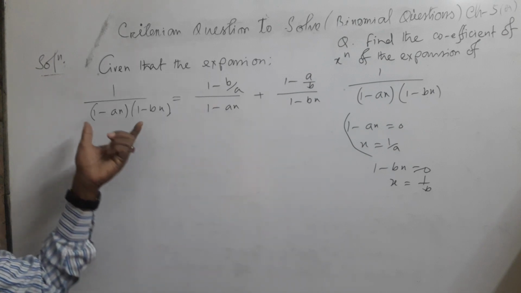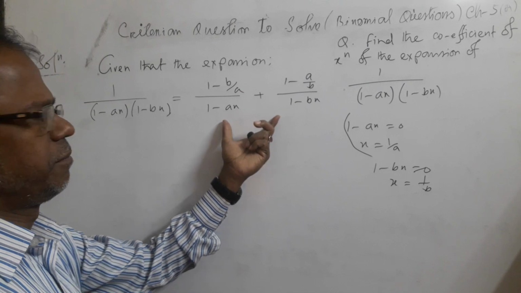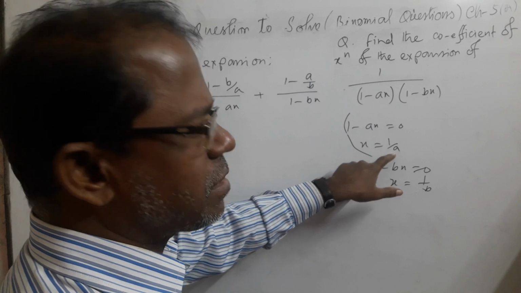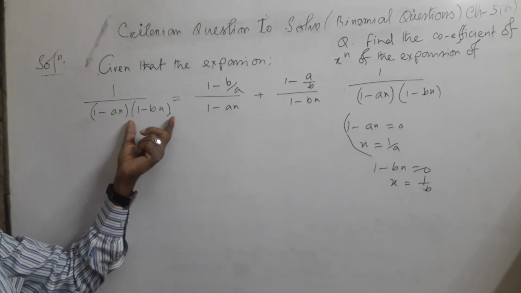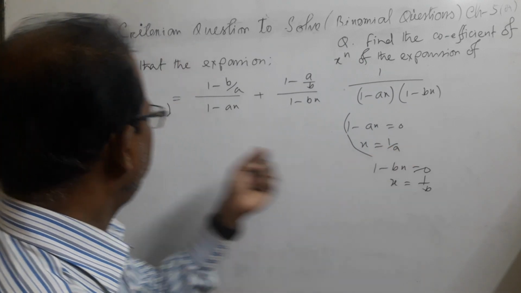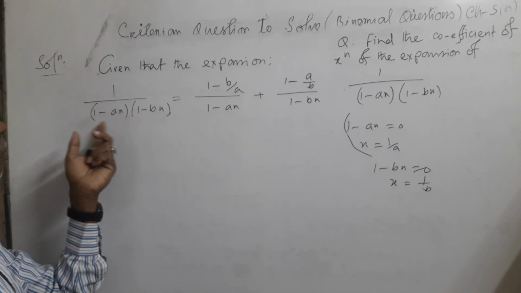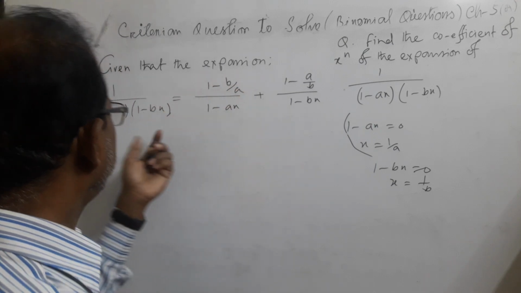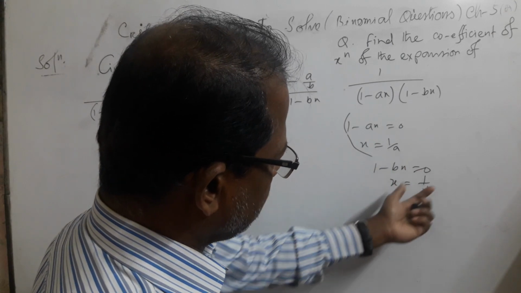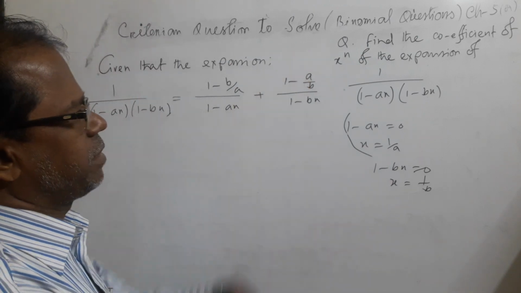The function is a fraction, a partial fraction. Putting the values into the other factors, x equal to 1 by a gives 1 minus b by a, and x equal to 1 by b gives 1 minus a by b.